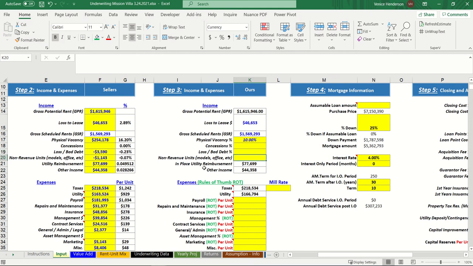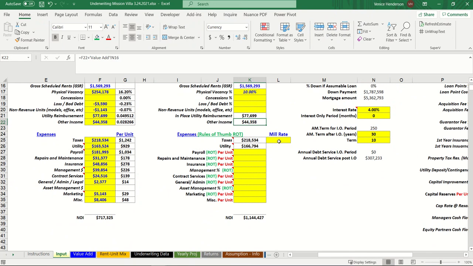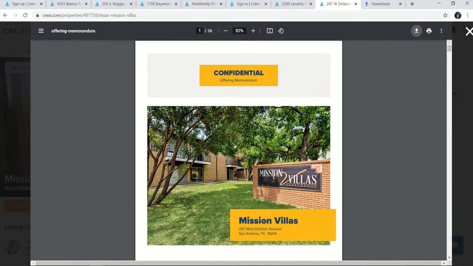In place, utility reimbursement, other income. Okay. Mill rate. Let's see if we go back to our little handy dandy sheet.